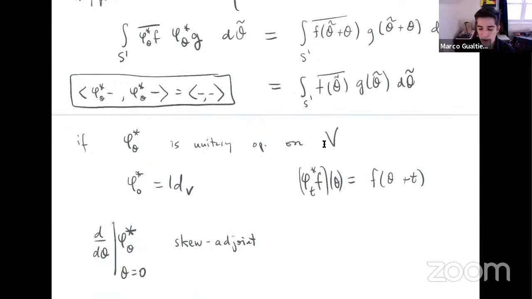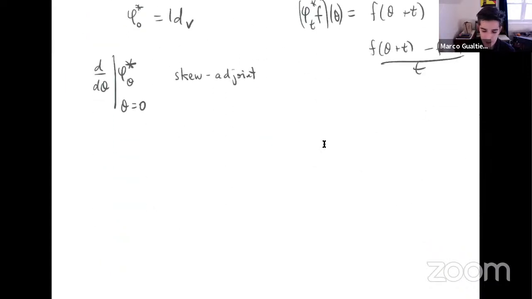If I try to differentiate this, I'm going to be doing f of θ plus t minus f of θ divided by t. If I differentiate this operator of shifting the argument, that's exactly how we usually define the derivative. So this skew adjoint transformation is exactly the operator d by dθ on functions on S1.